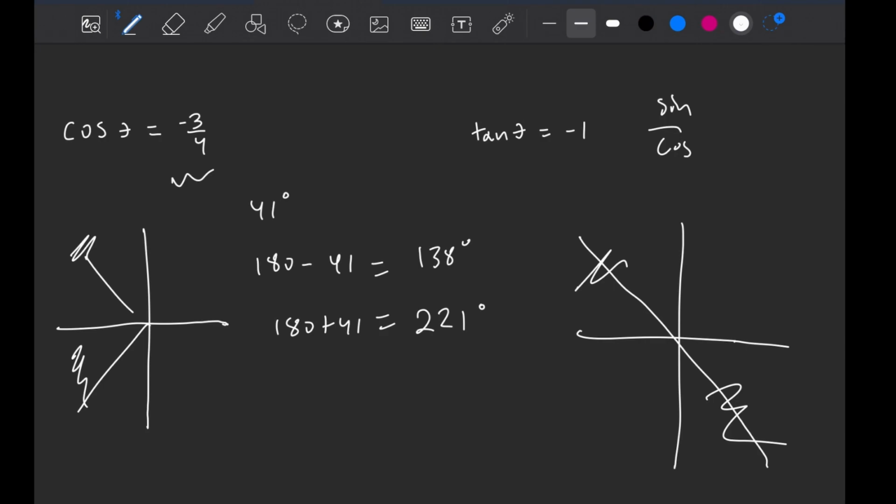So if we punch in, we know tangent is equal to 1 when it's 45 degrees, so it's going to be 180 minus 45, and 180 plus 45, which will be 225, and then this will just be, I think, 135. Yeah. So those are our two solutions, and this is assuming that the range and the domain is 0 to 360 or 2 pi.